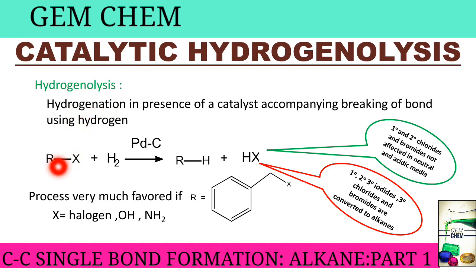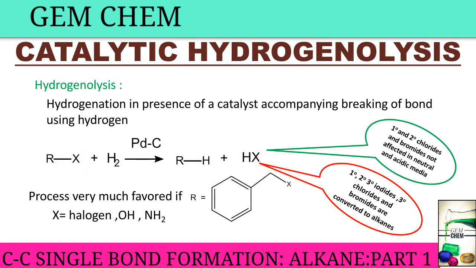So here RX plus H2, palladium on carbon as the catalyst, produces RH plus HX. Now see, this R-X bond breaks up and hydrogen adds up, whereas this X attaches to form HX.